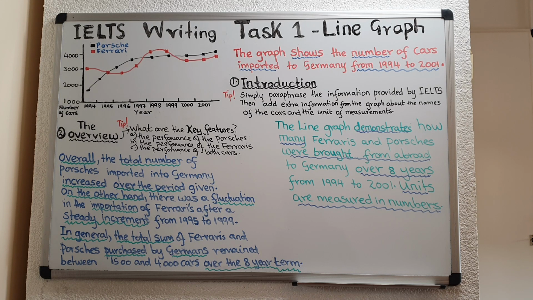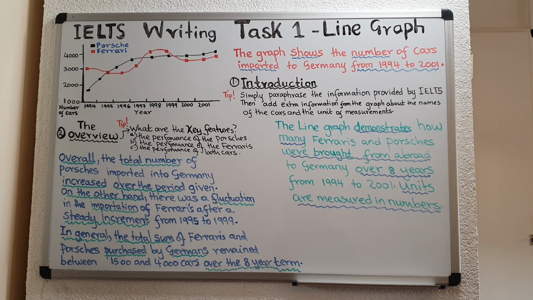And then I finished by tying them together. So in general, the total sum of both Ferraris and the Porsches purchased by Germans remained between 1,500 and 4,000 cars over the 8-year term period.